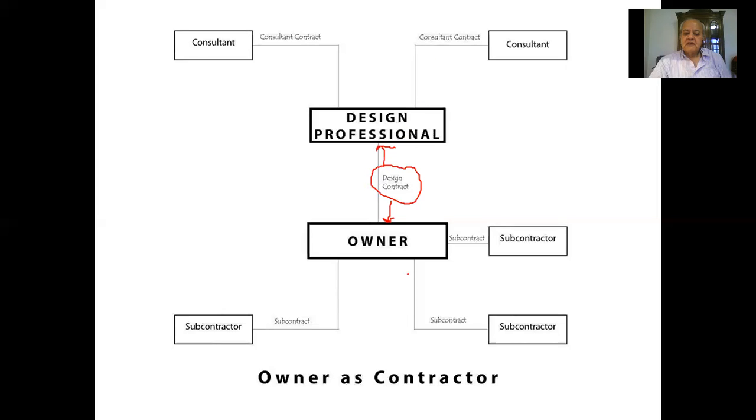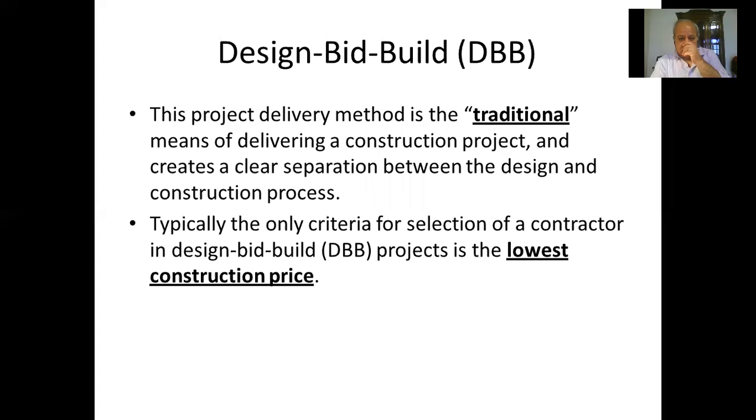So you get your consultants, and the owner, as we said, is a contractor. So he wants you to provide the documents that he would use to assign the subcontractors that he wants to get for the project. So in that case, your relationship is with the owner only, but the owner himself is a contractor.